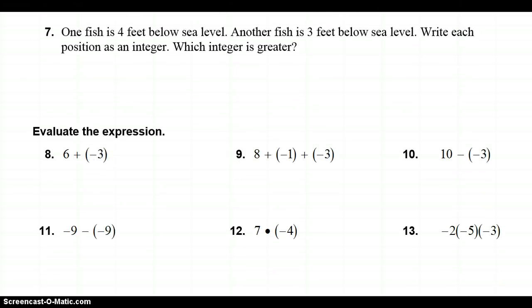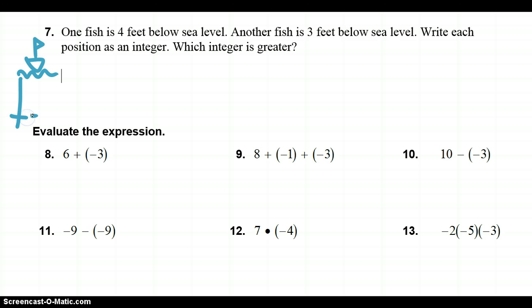Number 7 says one fish is 4 feet below sea level, another fish is 3 feet below sea level. Write each position as an integer. Which integer is greater? Okay, so if I think of my sea, y'all liked when I drew this in class, when I drew my sea picture. So I have my water and my boat. Okay, here's underneath sea level.